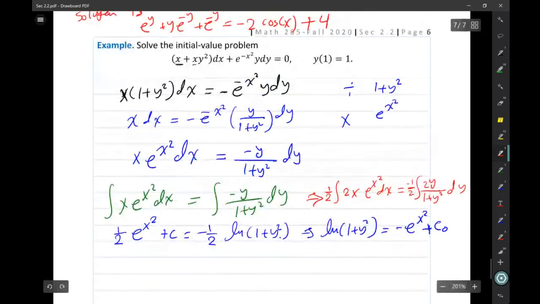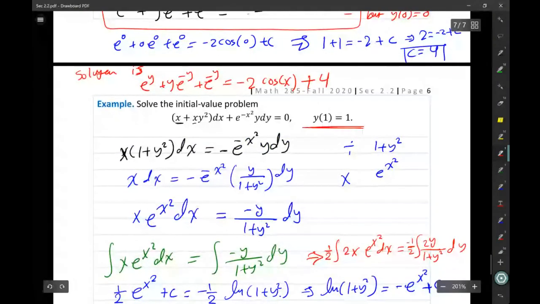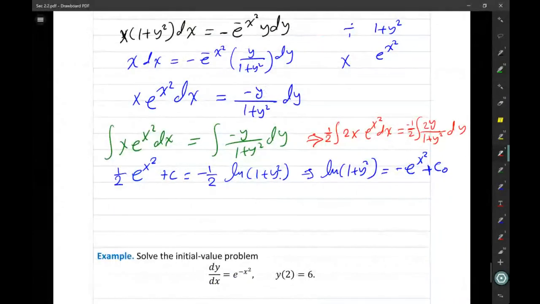Now find the constant. y of 1 is equal to 1. Replace each x by 1 and each y by 1.